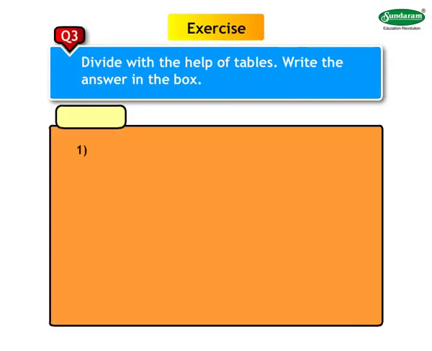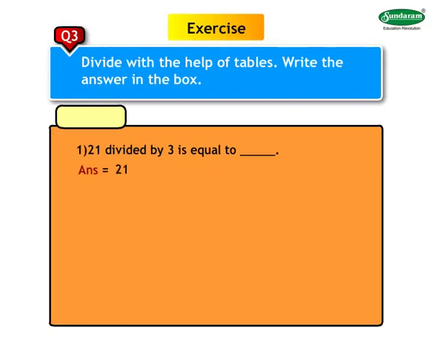1. 21 divided by 3 is equal to dash. Here, we use the 3 times table till we get 21. 3 multiplied by 7 is equal to 21.